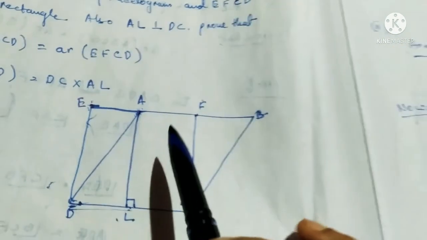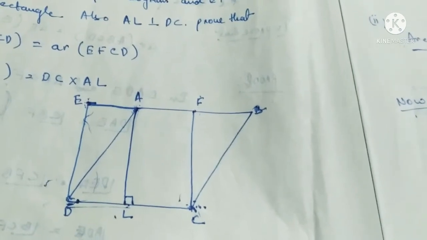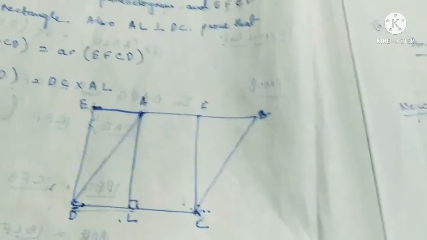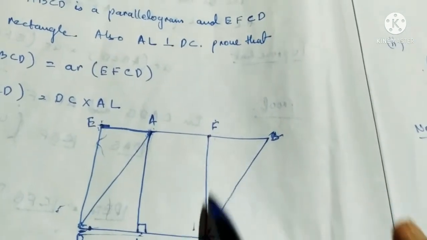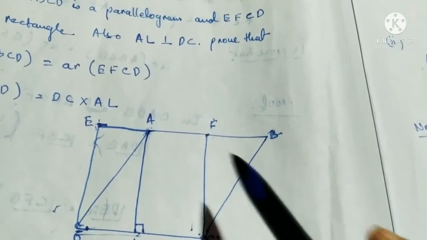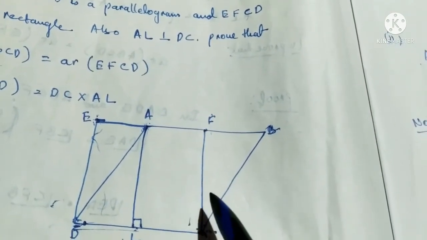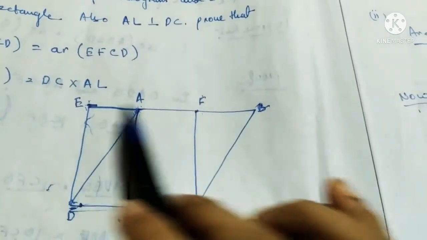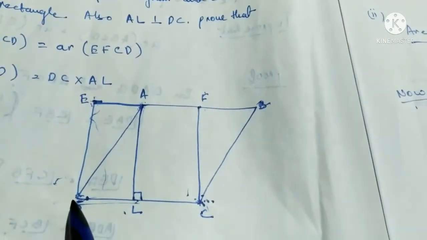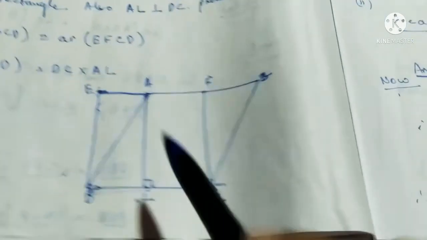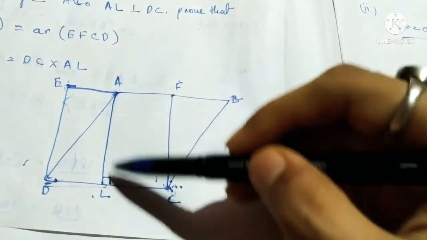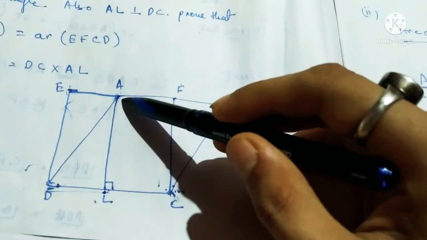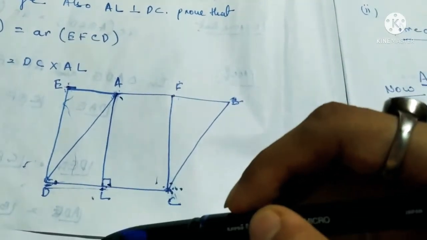Okay, so therefore in here EFCD, EB is parallel to DC, and AL is the transversal, so this angle plus this angle is equal to 90 degree.